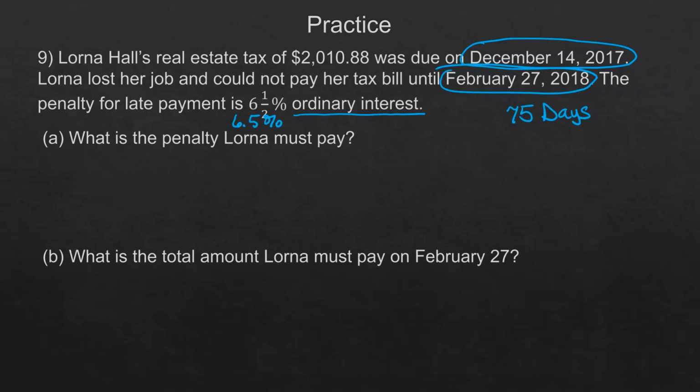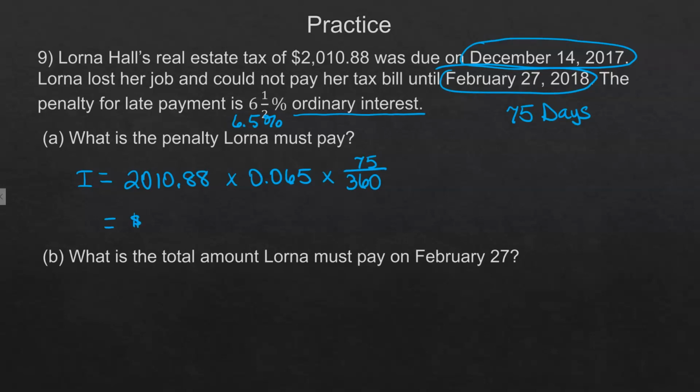And then we're going to find the amount of interest because her penalty is 6.5% interest on her balance that she owes of 2010-88. So that's going to be times 0.065 times 75 days out of 360 because it's ordinary interest.